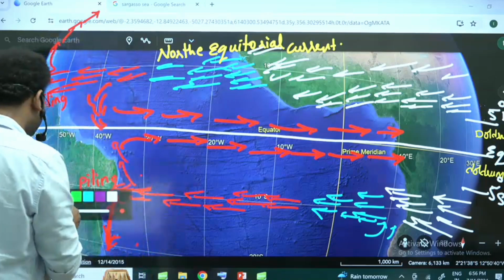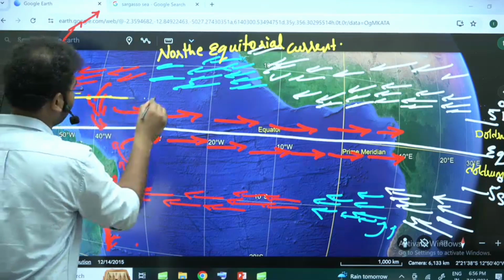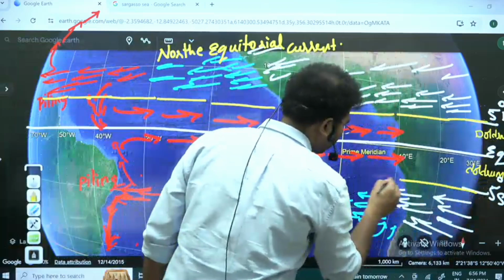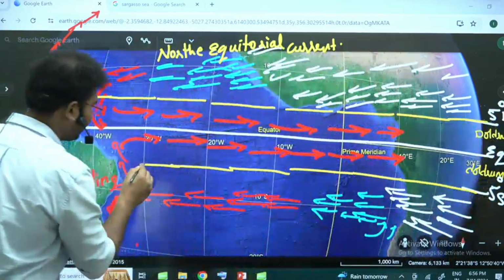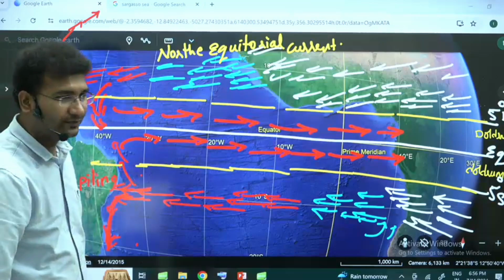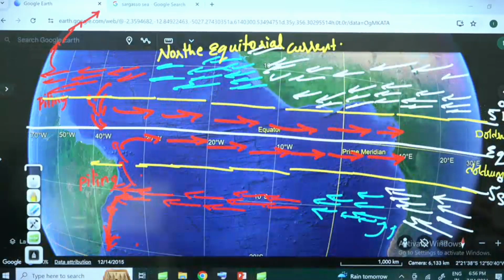So can I say that this part of the area has absence of Coriolis force and absence of wind as well. There is no direction of easterlies, westerlies.